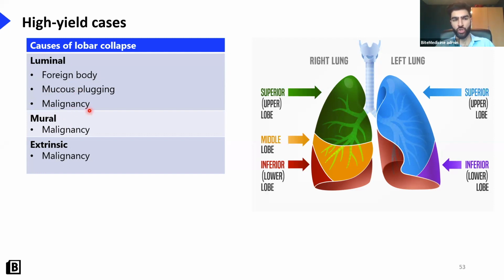Or an obstruction within the airway, like a malignancy. Mural means within the wall of the airway. So again, a malignancy can grow in the wall and then obstruct the airway. Or if you have extrinsic compression of the airway, again, think malignancy.